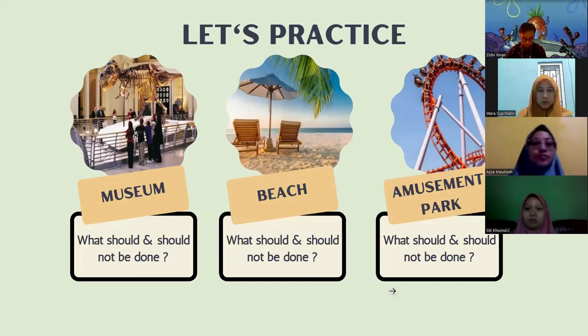And what you should do is make sentences using positive and negative imperative according to these pictures. The first picture is museum. The second one is beach. The third one is amusement park. The reason why I gave you these 3 pictures is to make you understand more, because we can discuss what kind of imperative sentences can be applied for these 3 places.